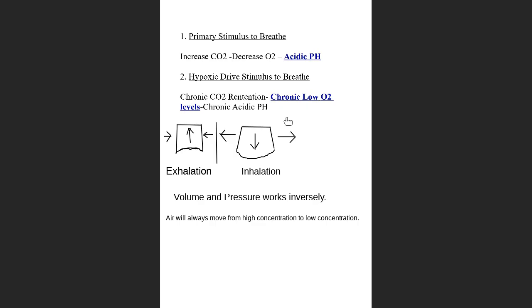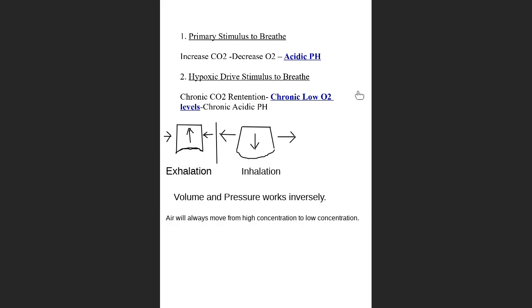Now, these concepts are very important for you to understand before we go into airway management. So it's very important that you understand what is meant by the primary stimulus to breathe and the secondary or hypoxic drive, and the difference between negative pressure and positive pressure. Because when we breathe for a patient that is not breathing on their own, we are creating negative pressure.